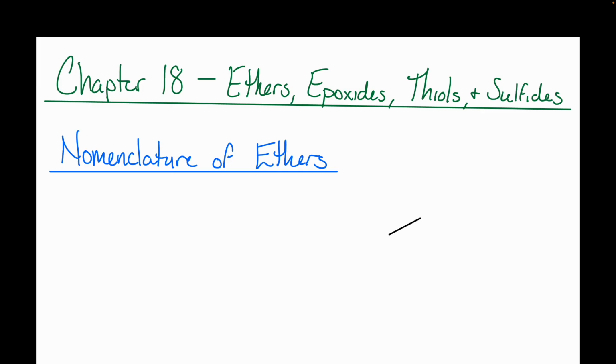All right, so let's get our example down. So the one thing that we're going to keep in mind with ethers that are a little bit different from a lot of the other functional groups that we introduce is in the world of nomenclature, they are not treated as functional groups.